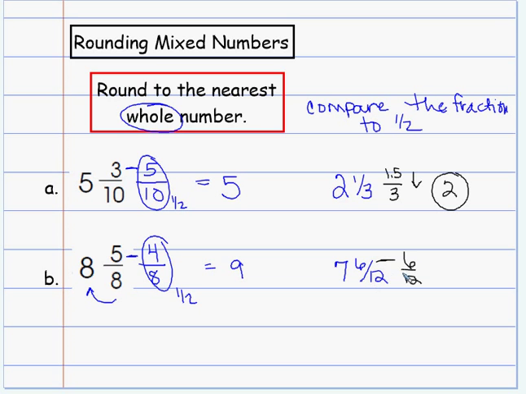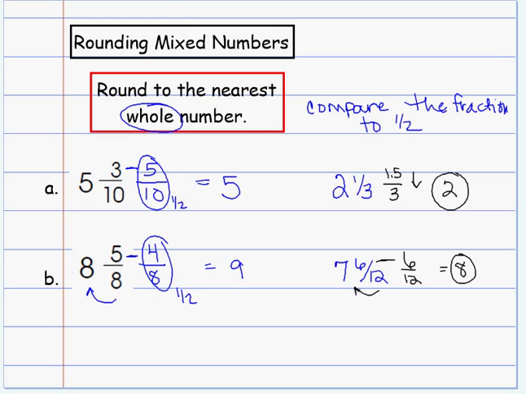If they are the same, then you have exactly half, right? We have half, so half will bump your number up, so that becomes an 8. Okay, so make sure you understand this concept that you're comparing your fraction to a fraction of a half. If this is tricky for you, please let me know in class or on the website in the note feedback. That would be great, so I know that you have questions.